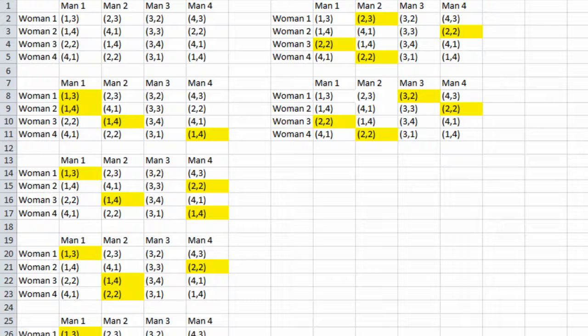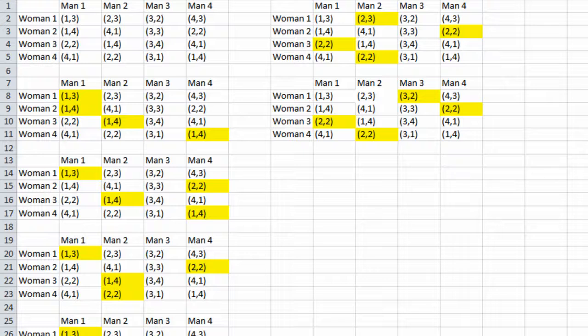Our rejected woman, woman 1, will propose to her next favorite man, man 3, and we find that man 3 has nobody else who has proposed to him previously, so man 3 has nobody to reject.